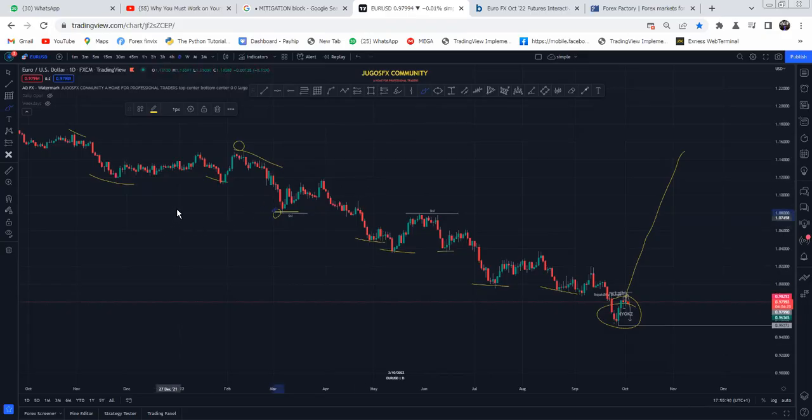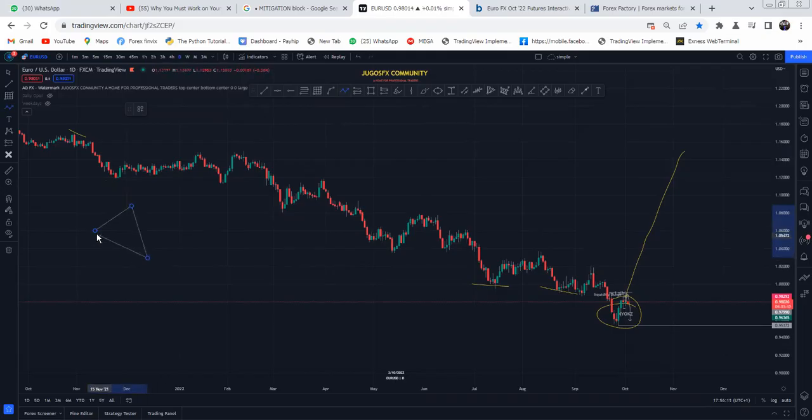Now, we are going to do something right away. I want to draw something here. For you to identify that the market is trending down, you have to see the market doing something like this. It creates a high, creates a low. This is called a lower low.